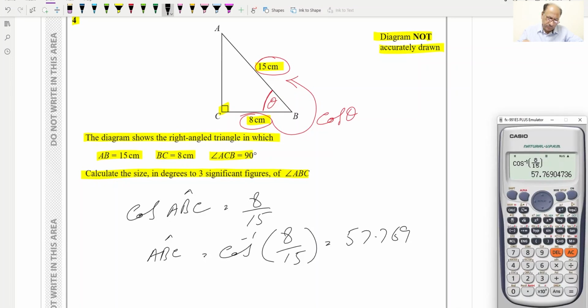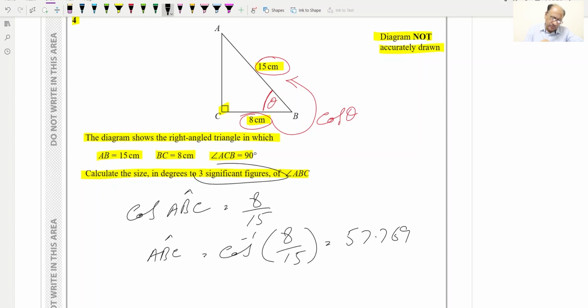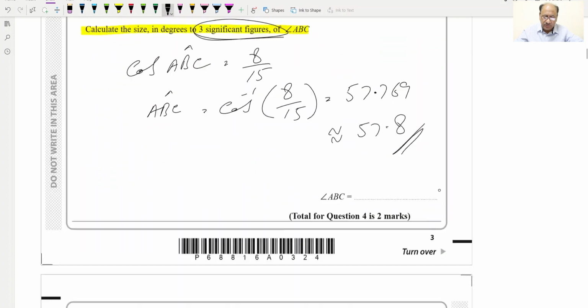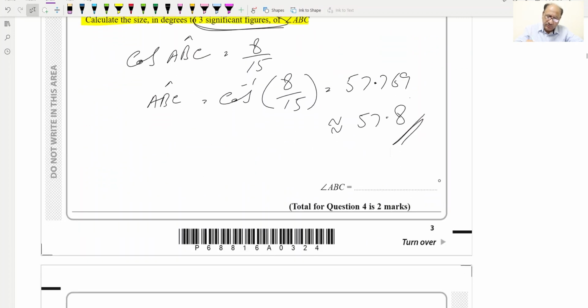This is the number which we got, and up to three significant figures we round to 57.8, because we don't need the 69. This will be our final answer, 57.8 degrees, for 2 marks.